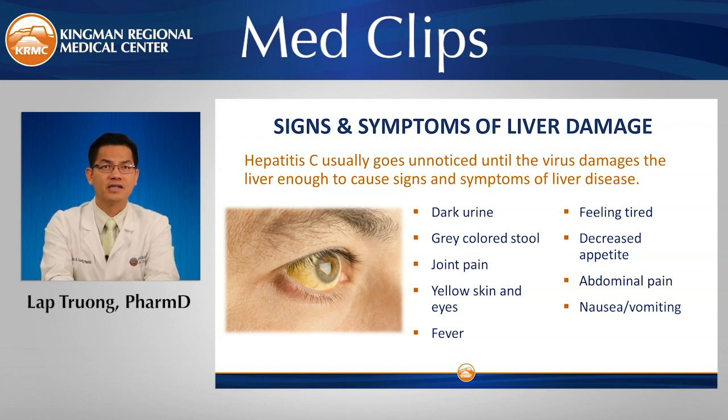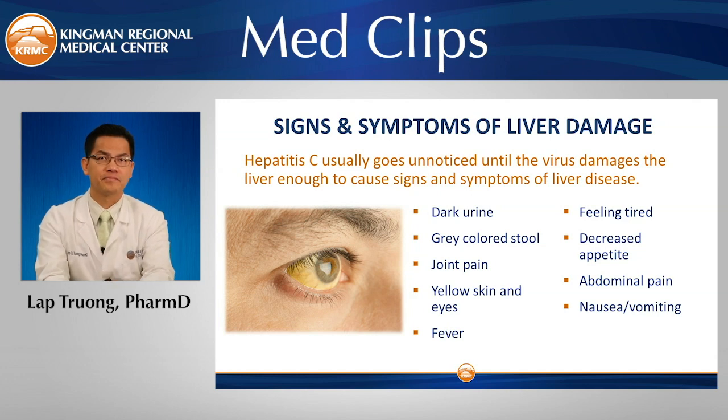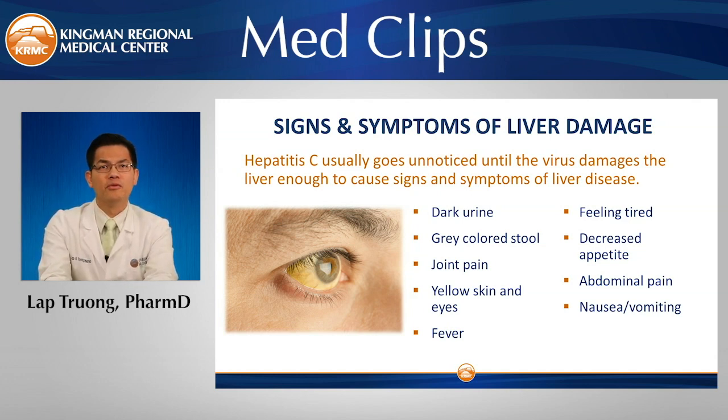Decreased appetite, because once again, the liver processes nutrients, so if the liver cannot function right, it would affect your appetite. Abdominal pain, nausea and vomiting are also signs and symptoms. So once again, if you experience two or more of these symptoms, make sure you get checked out or screened by your primary care physician as soon as possible.